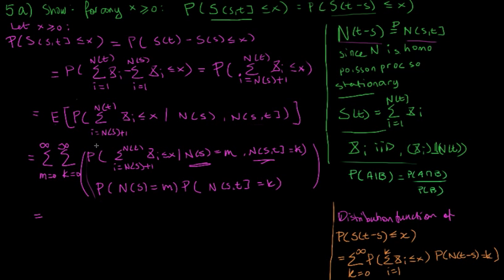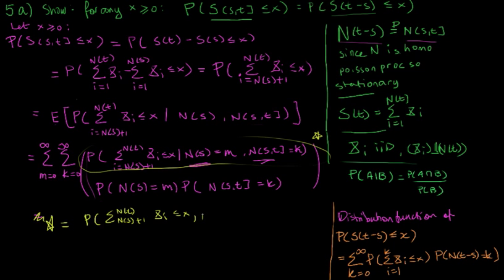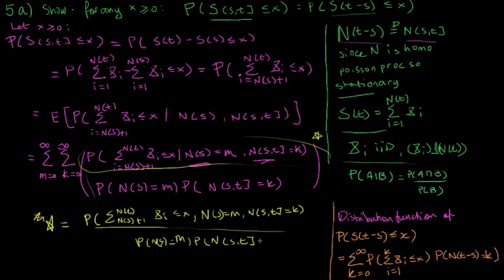So we can write this up as, if we call this thing here star, I can write that star is equal to the probability of the sum from N(s)+1 to N(t) of xi is less than or equal to x, intersected with the event that N(s) is equal to m, N(s to t) is equal to k, and then divide by the probability that N(s) is equal to m, the probability that N(s to t) is equal to k.